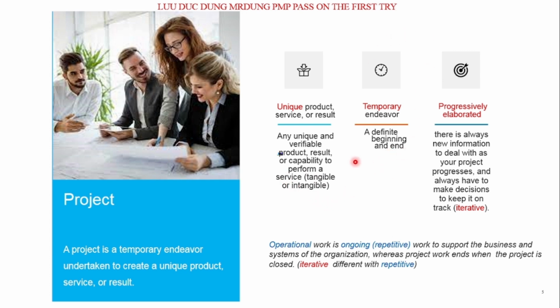The second is that the project is temporary in behavior, with a defined beginning and end. It should have a start or kickoff and then an end, closing the project.